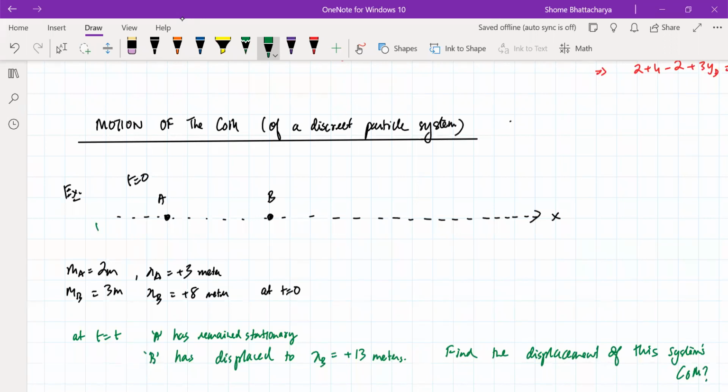So what has happened is at time t, A is remaining here only, but B is displaced to some new position. So the center of mass would have been somewhere here, and now it's somewhere here. So we want to find the displacement of the center of mass.